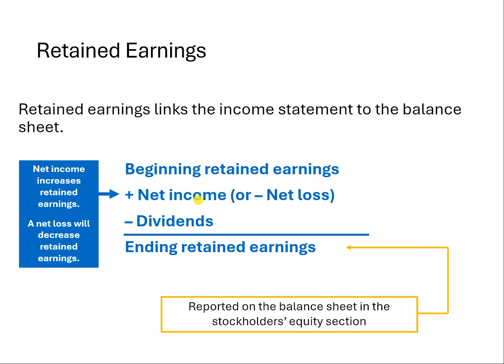Plus any net income, right? This is from the income statement, or less any net loss. Okay, if we pay dividends, we less any dividends, equals the ending retained earnings. Okay, this becomes reported on the balance sheet again. So this is how the three financial statements are linked.